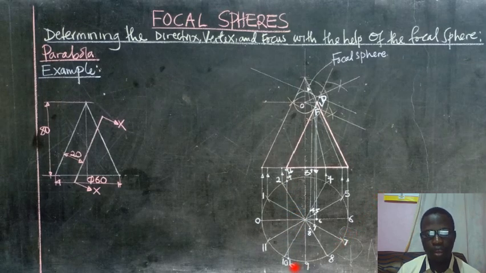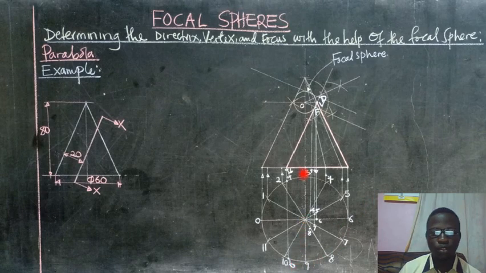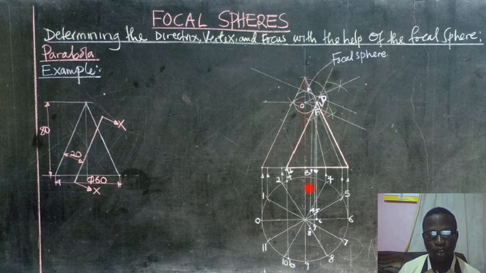Having obtained that, there is also another point we have not plotted, point 3. Now point 3 is a straight line. When you follow it, you cannot obtain the points here. So what we do, we are going to project a line horizontally through that point where it is cutting the plane. And when you do that, you get that line drawn horizontally.